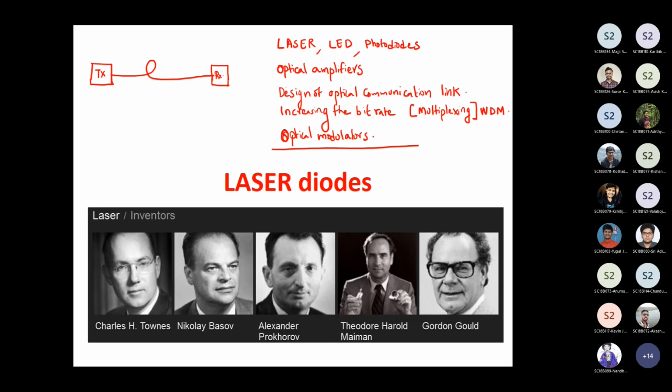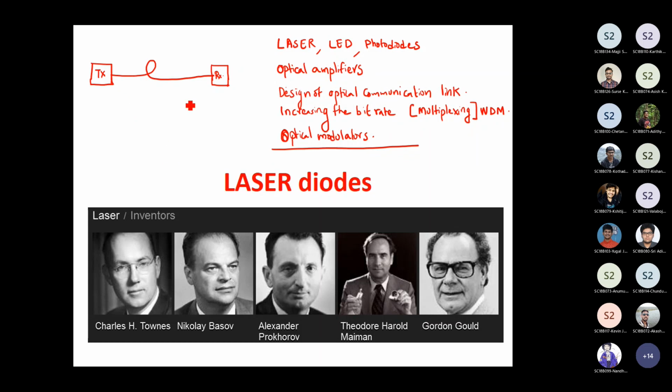If it's a long haul communication system, then you definitely are going to have an optical fiber. We studied the transmission medium in detail, and we also studied the various loss mechanisms, the various ways by which you can join an optical fiber. We also studied the various dispersion mechanisms that cause the pulses to broaden in time domain.